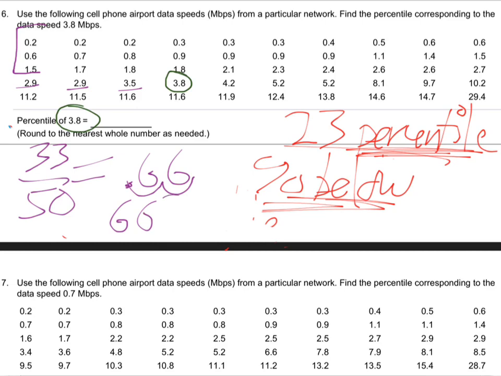Times 100, which moves the decimal twice, 66%. So what's your percentile? 66. That means you're at the 66th percentile. Your cell phone's above average, 66% or below. Make sense? Percentile means percent below. So you want the ones below, not the number itself. It's just the ones that are below.